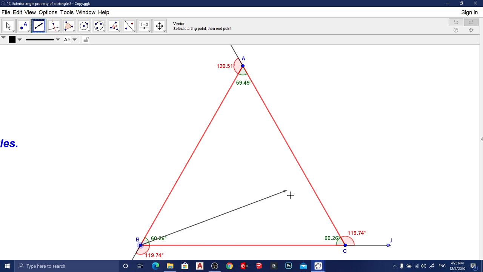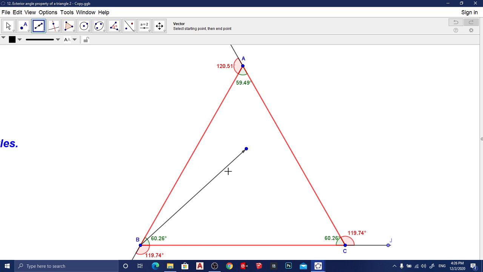These two are the opposite interior angles of this exterior angle. So by adding these two angles, you will get this exterior angle, which is 119.74. 59.59 plus 60.26 is again 119.74. So that is the exterior angle property.